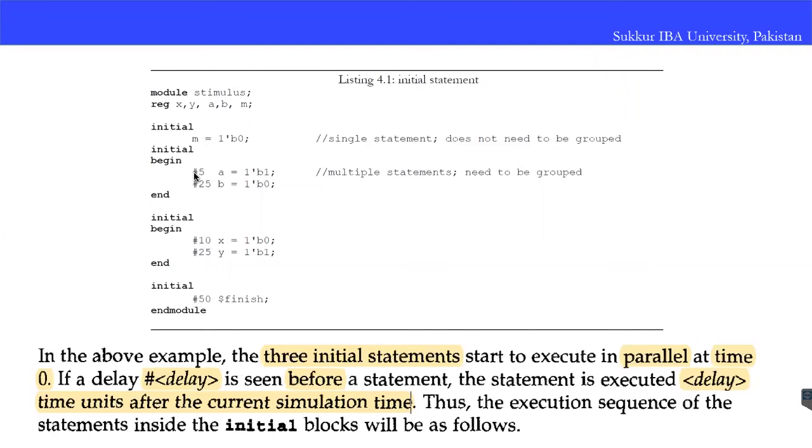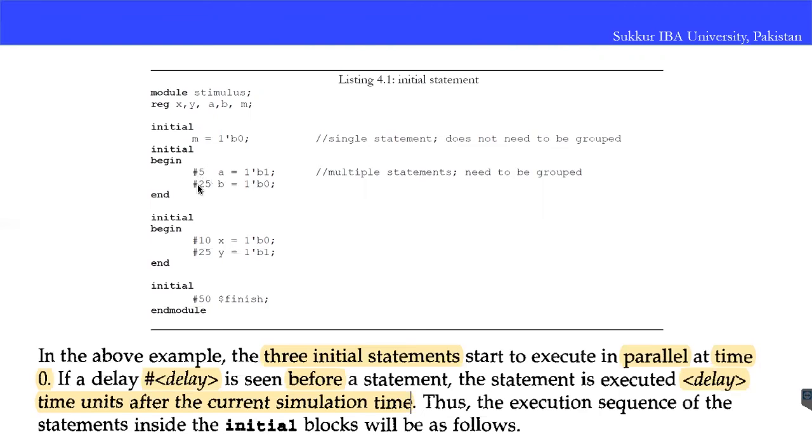As I said, all the initial blocks execute independently and at t equal to 0 unless there's a delay introduced. Let's look at this initial block. In this initial block, there's no delay introduced, so this block will start executing at t equal to 0. But in this block, we can see that a delay of 5 time units is introduced, so this initialization will start from 5.